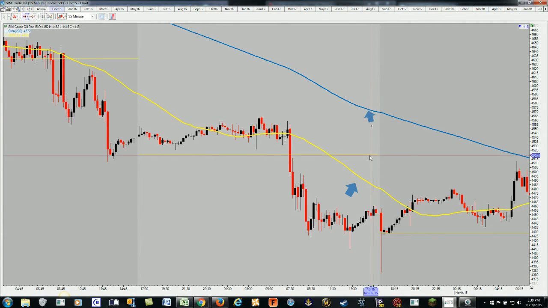That's because there's more data being represented on the 200 bar moving average off an hourly chart and the 15-minute chart, so the moving average isn't moving as much. I hope that makes sense, because there's more data and it's smoothing out the information.